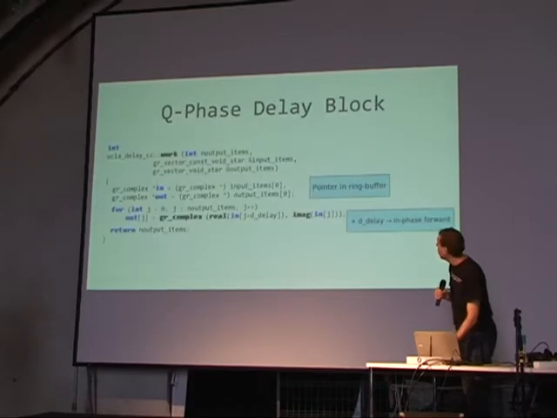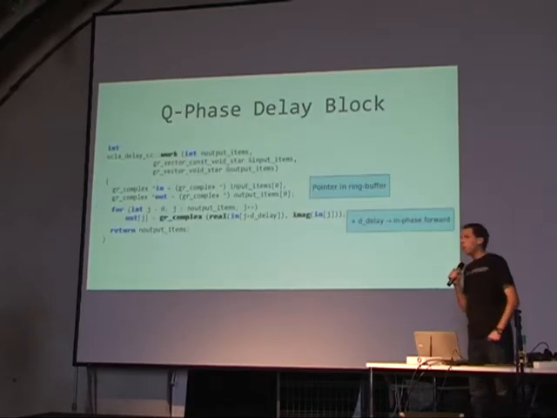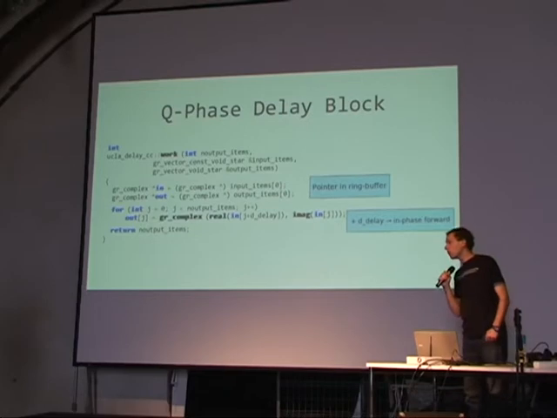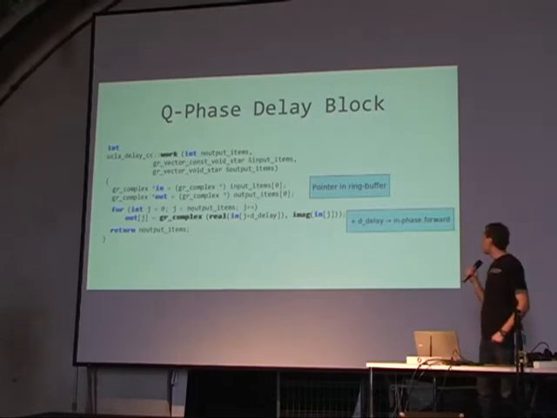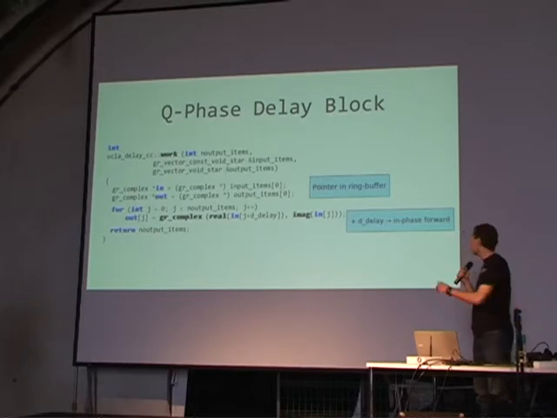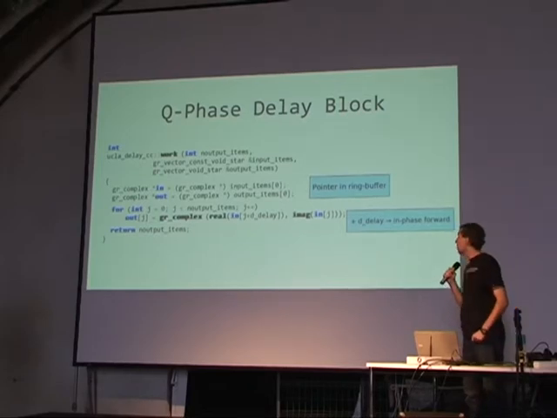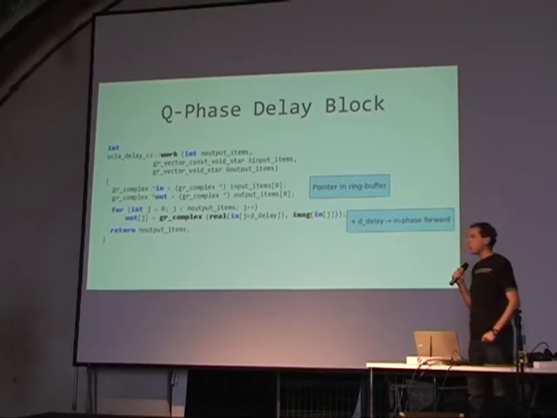Right. So this is the C++ code of a Q-phase delay. And what's of primary interest is the for loop in the middle that just shows that plus D delay is moving the in phase forward, so the Q phase is therefore falling backwards automatically. The rest, as is gr_complex, are again the pointers into the ring buffer, which are a specific GNU Radio data type that is introduced.